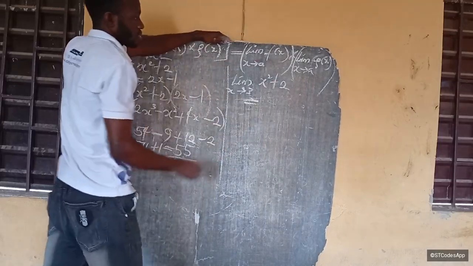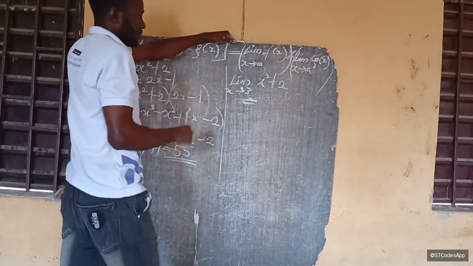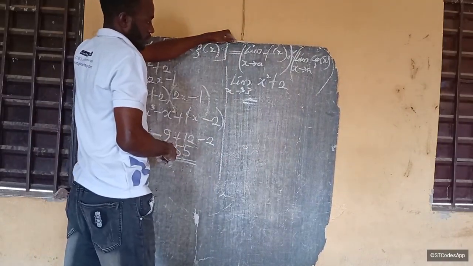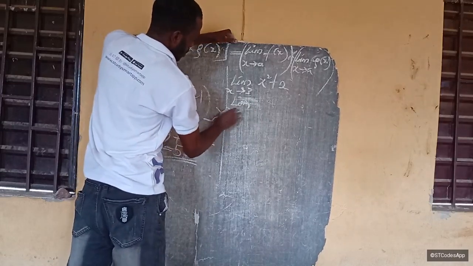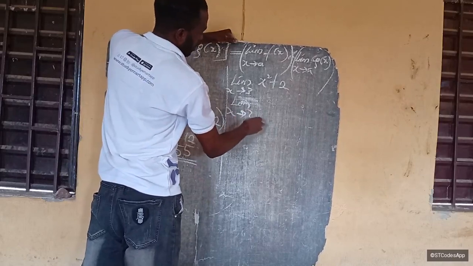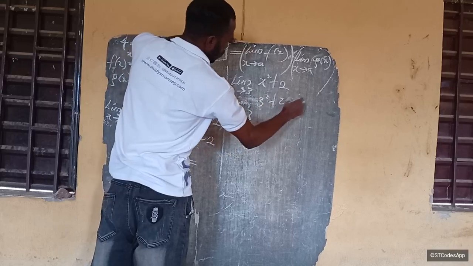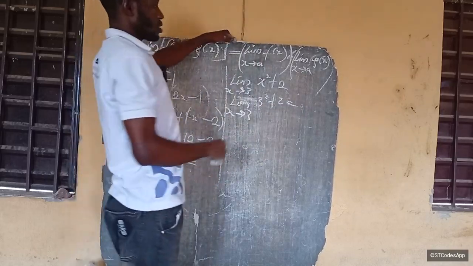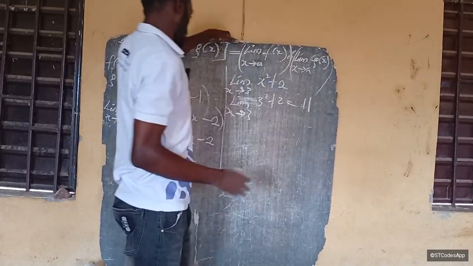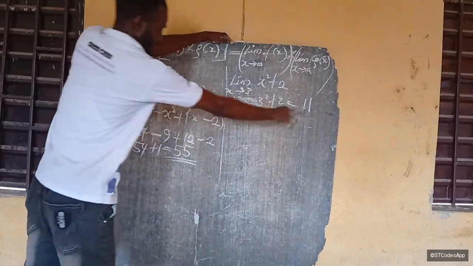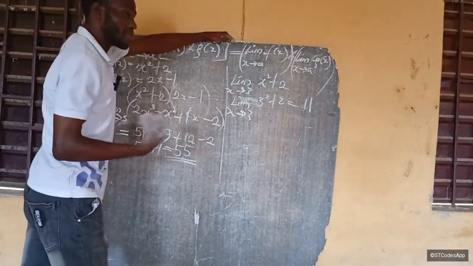If you plug in our 3 there, that will be 3 squared plus 2, which is 9 plus 2, that is 11.